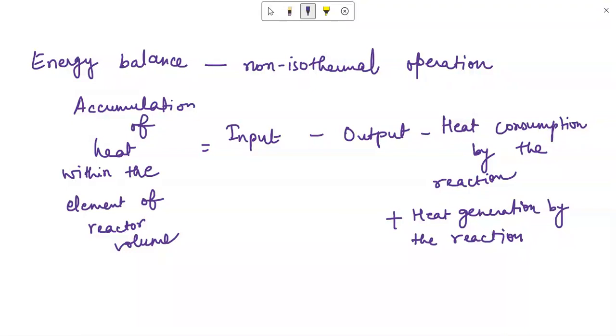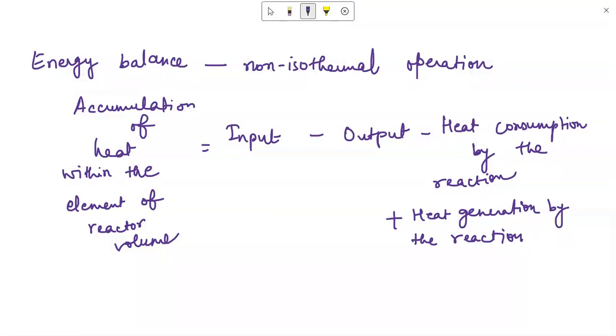This is done by using their generation or consumption terms. Like I said, they form the starting point of all design aspects in reactor design. And if you are considering the differential volume or the element of the entire reactor volume, then obviously you have to consider their integration across the entire reactor.